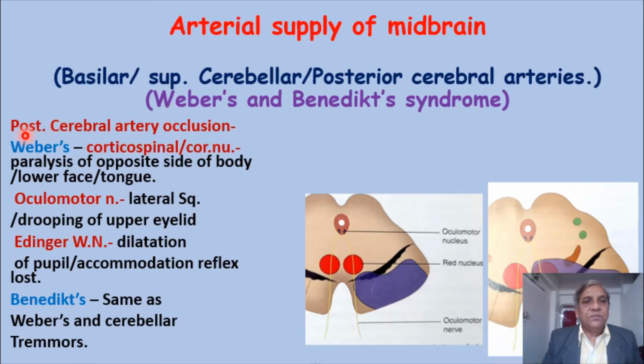Now if the posterior cerebral artery is occluded, which was the terminal branch of the basilar artery at the upper margin of the pons, and which is responsible for the major supply to the midbrain, if it is occluded on one side, this will lead to a syndrome which is called Weber's syndrome.